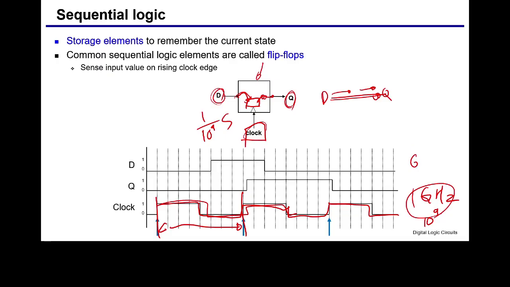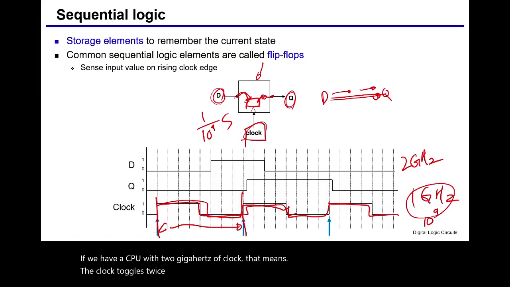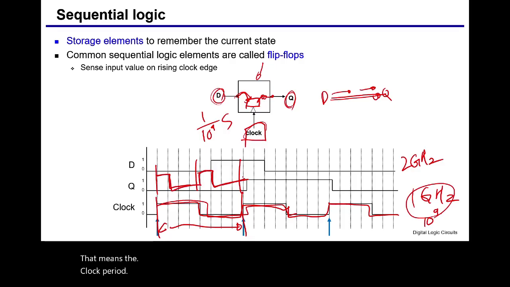If we have a CPU with a 2 gigahertz clock, that means the clock toggles twice as much per second compared to the 1 gigahertz clock. That means the clock period is half for a 2 gigahertz CPU.